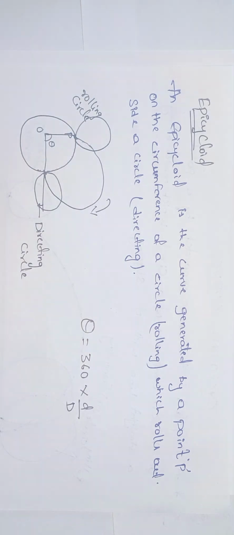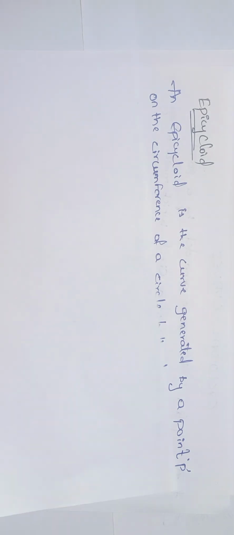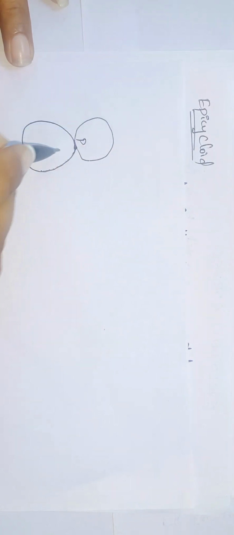That is the epicycloid. The point P on the rolling circle rolls on the circle for one revolution.